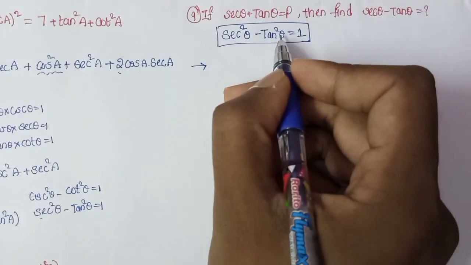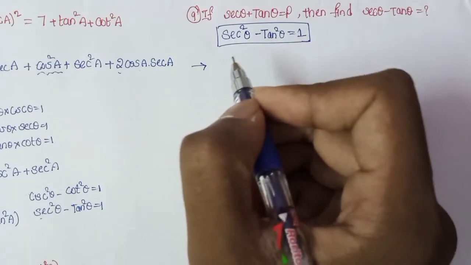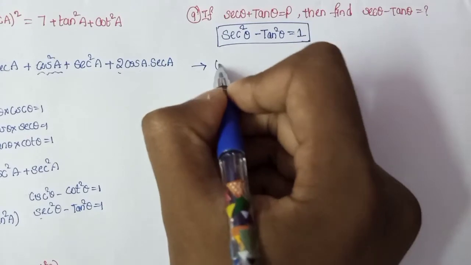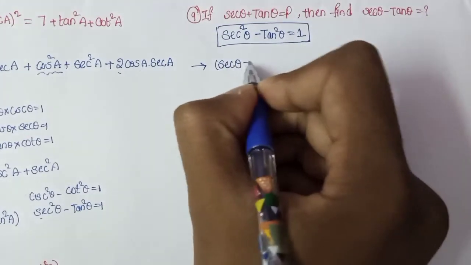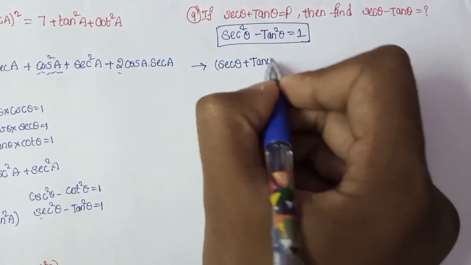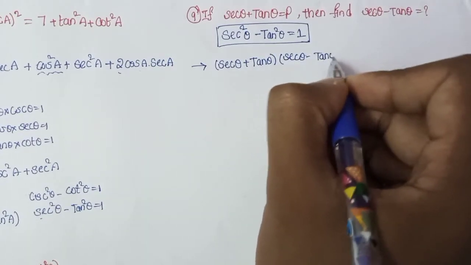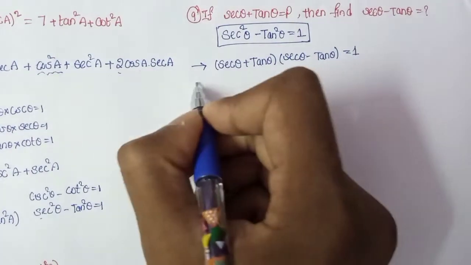How can we write this? Sec square theta minus tan square theta, we can write as a plus b into a minus b, a square minus b square. So (sec theta plus tan theta) into (sec theta minus tan theta) is equal to 1.